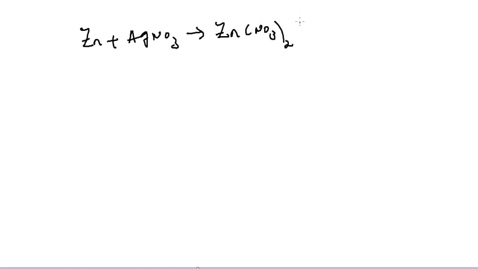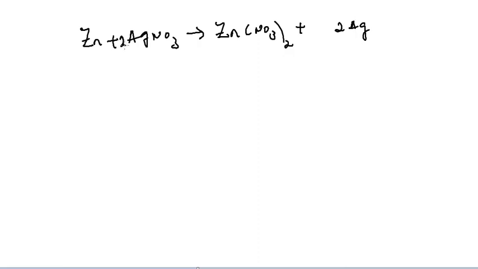Okay, so now we already determined that silver nitrate is going to be our limiting reactant. So I'm going to write the reaction here for you. The reaction was zinc plus silver nitrate gives us zinc nitrate plus silver.